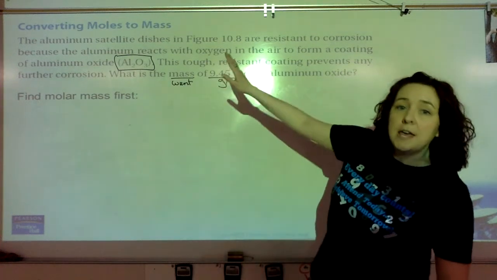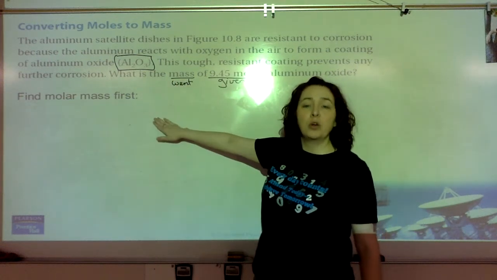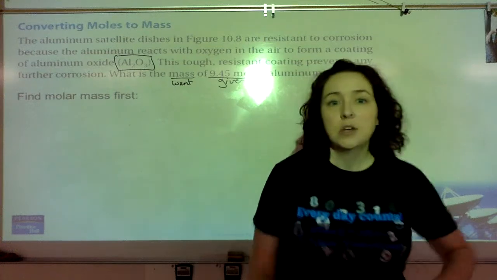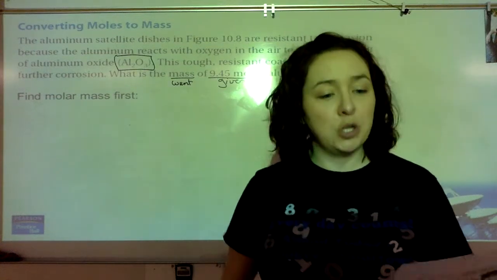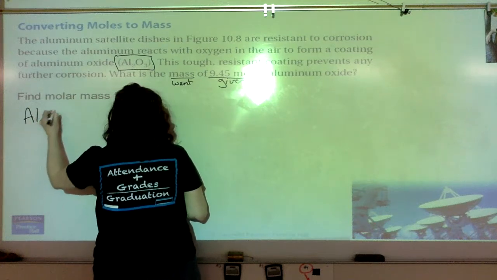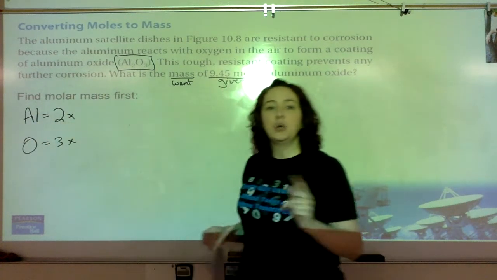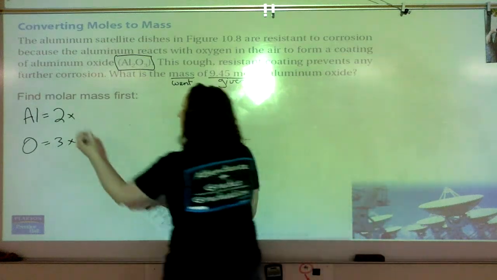Okay? If you're dealing with mass, the first thing you should do is find the molar mass of the compound. So let's go ahead and find the molar mass of aluminum oxide. So we have 2 aluminums and 3 oxygens.